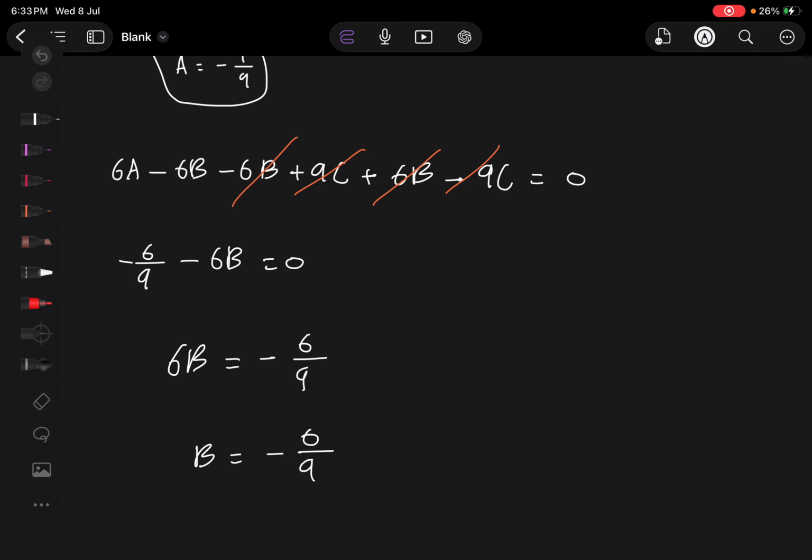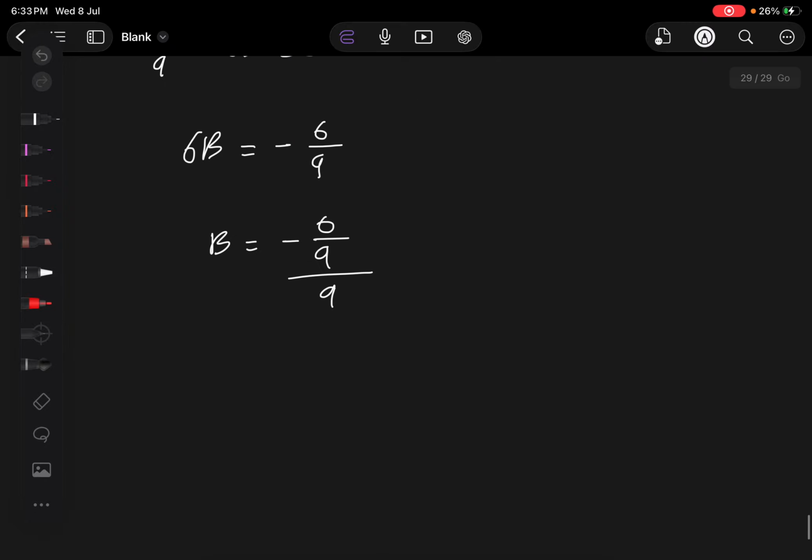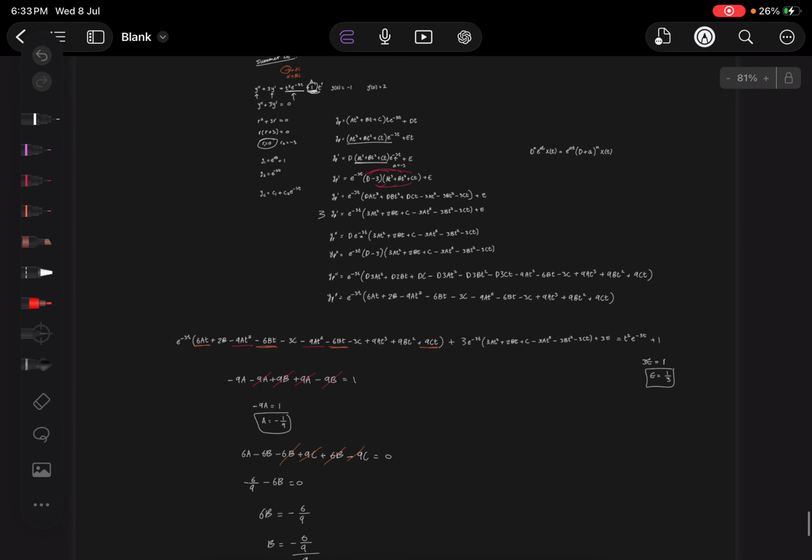Negative 6 over 9 divided by 9. Okay, apparently b is equal to negative 1 over 9. I didn't check the answer, so I might be wrong, but let's see.